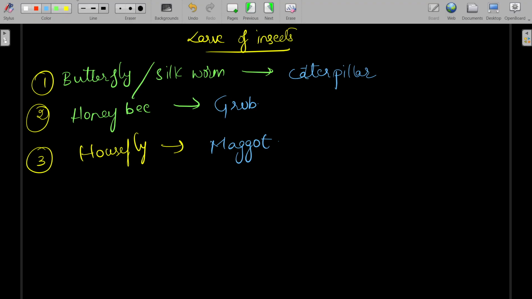And then the fourth one is mosquito. It is a little bit different. This is wriggler. Okay. So these are the names of larval stages of insects.